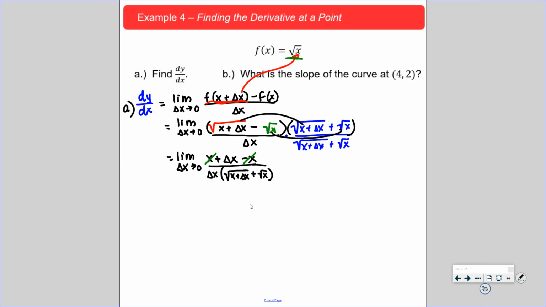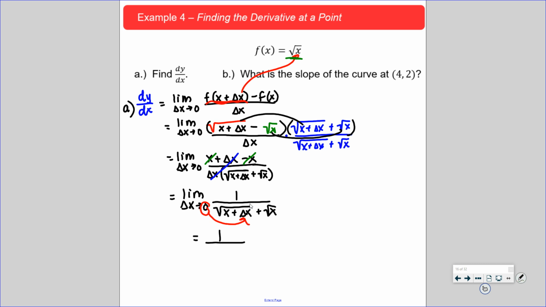So now, just for sake of saving, I don't want to rewrite this again, but now I have delta x over delta x times this conjugate. So these would cancel because you have 1 over 1. So that all simplifies to 1 over the square root of x plus delta x plus the square root of x. And now I'm good to go ahead and do my direct substitution here.